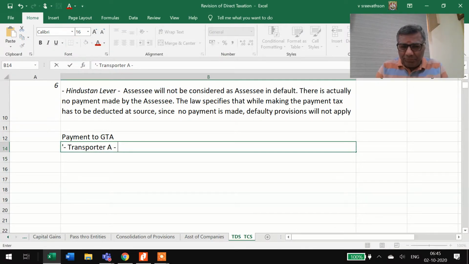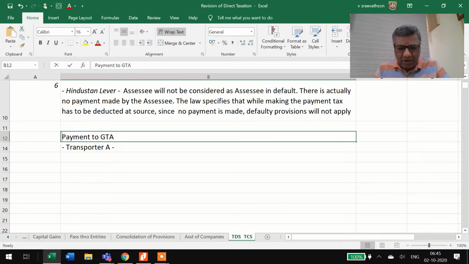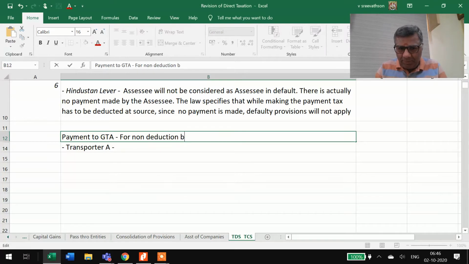Okay, here I will first write the parent law. For non-deduction, both declaration and proof has to be provided.